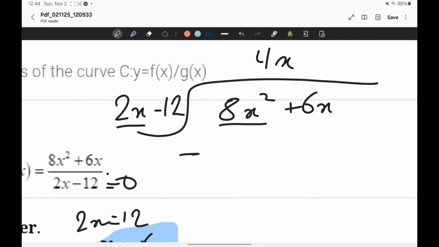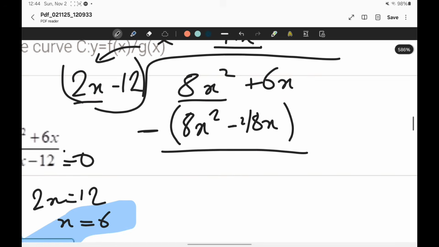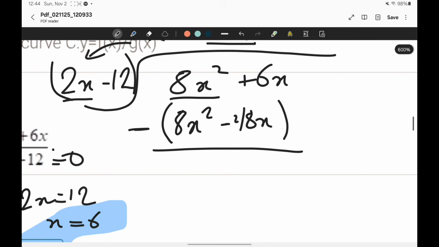Now I'm going to subtract 4x times this whole thing. 4x times 2x is 8x squared, and 4x times negative 12 is minus 48x. Now we'll add these together. 8x squared minus 8x squared is 0, and 6x plus 48x is 54x.